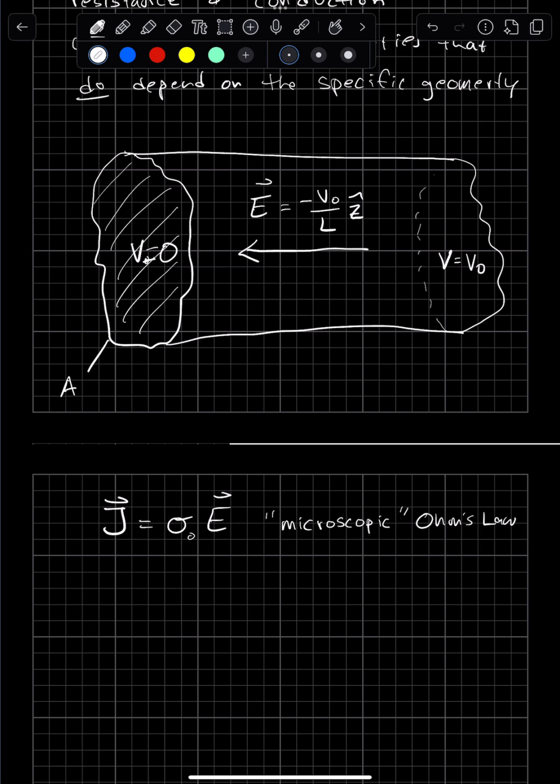And you will recall definitionally, if you want to go from current density, which is current per unit volume, to a current in the sense of I, that's going to be equal to the current density times the cross-sectional area A. Okay, so that's current density, and this is cross-sectional area A.